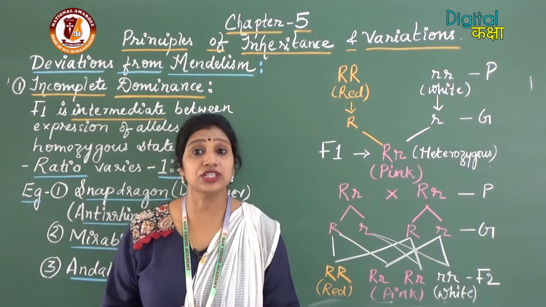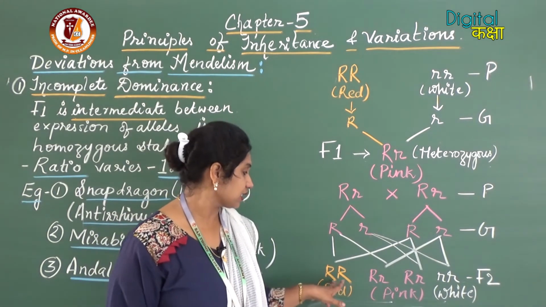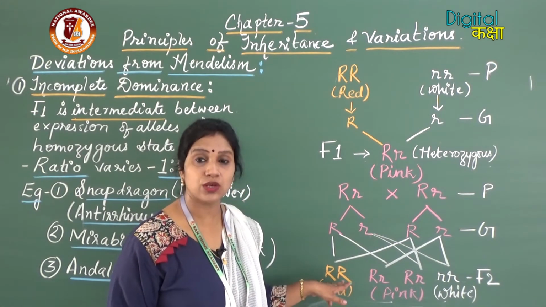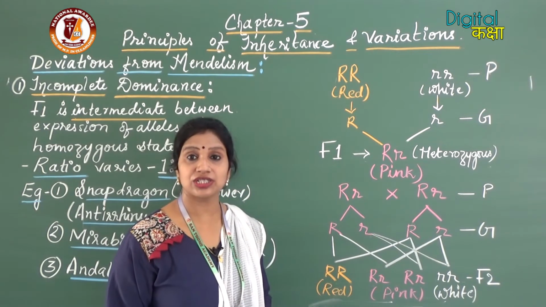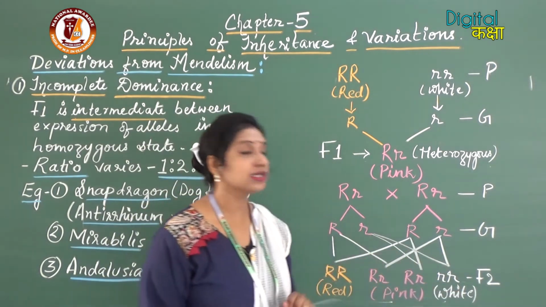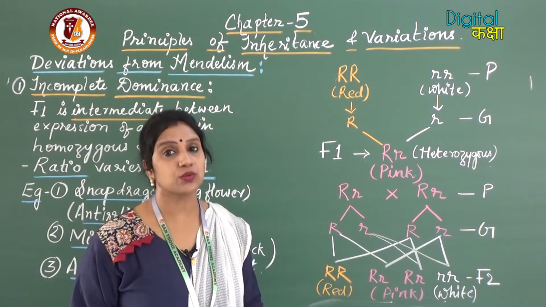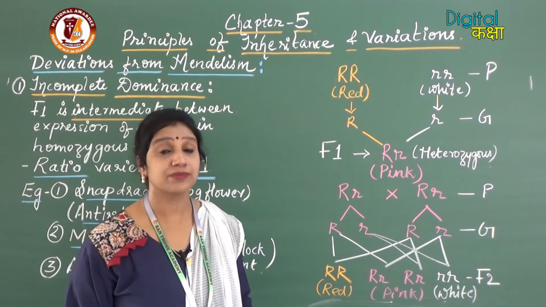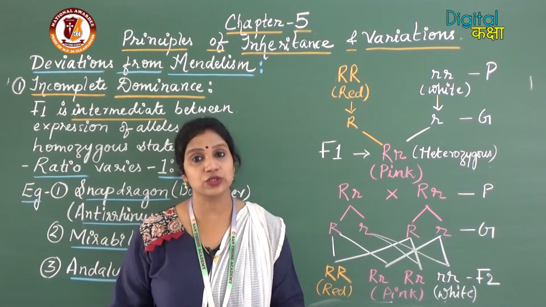Now coming to the genotypic ratio, here again 1, the homozygous condition, is the red colored flower. Again 2, the heterozygous condition, bear the pink flowers, and the third one, the homozygous recessive condition, will bear the white flowers. So here the genotypic ratio is again 1:2:1.